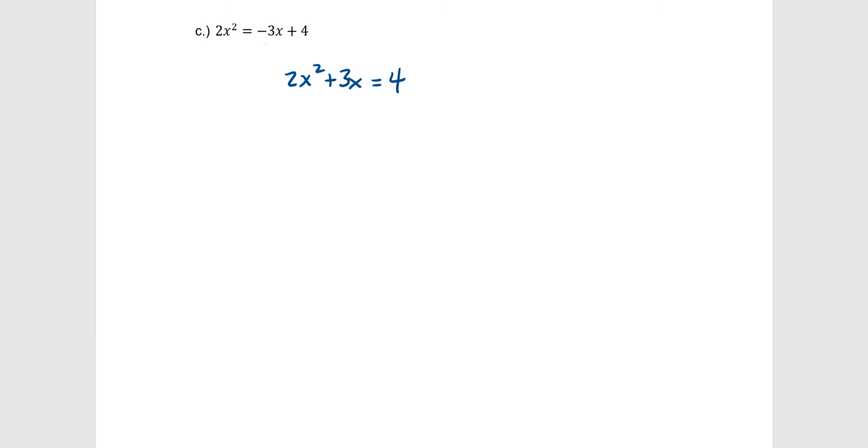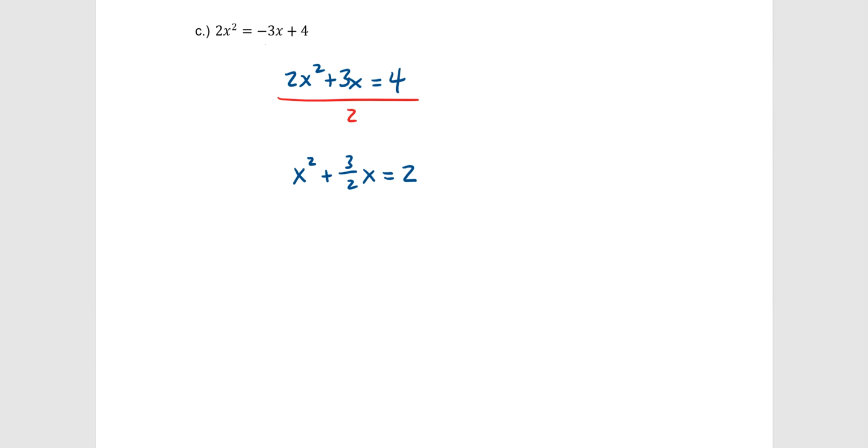And also recognize here that we actually have to divide everything by 2 because there's a coefficient other than 1 on the x squared term. So divide everything by 2, which just means we're dividing every term by 2. So that's going to be 1x squared plus 3 halves x equals 4 over 2 is 2.